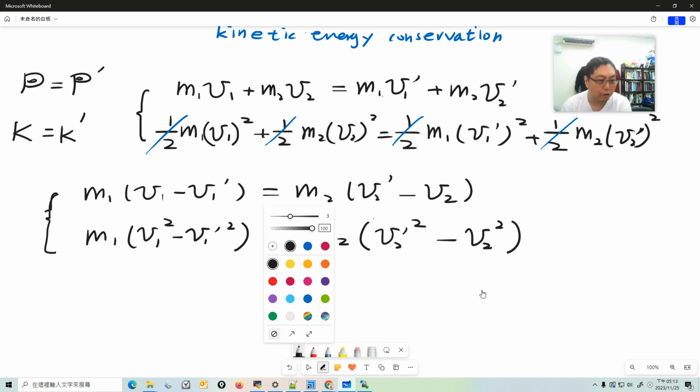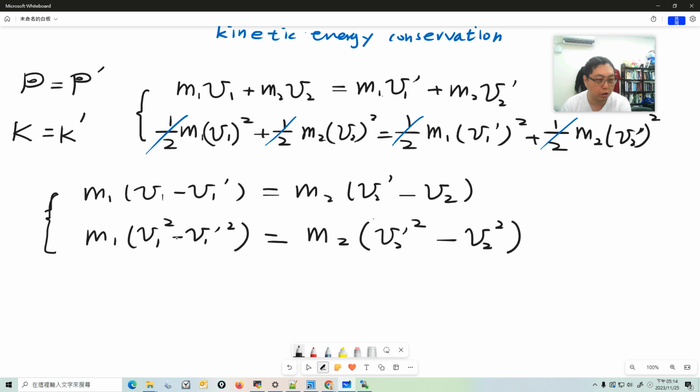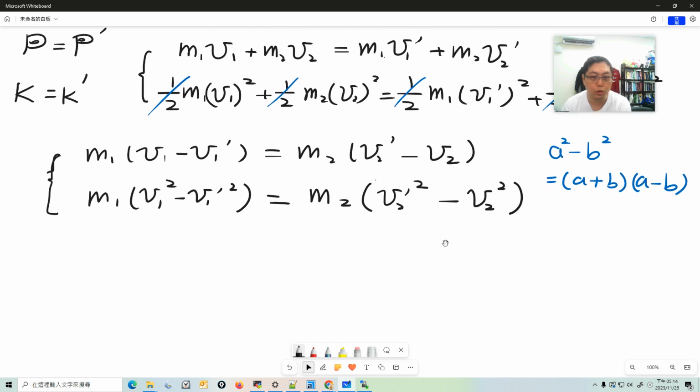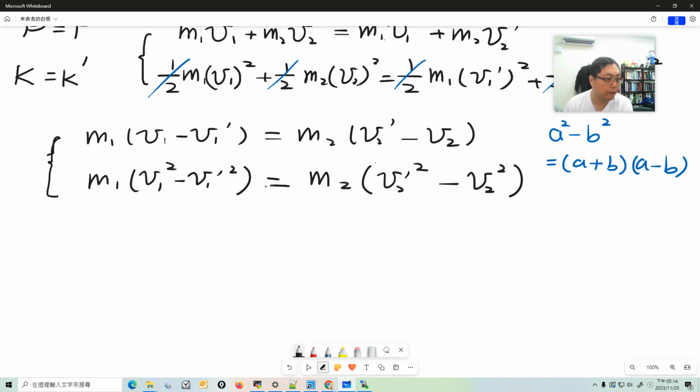Then we have the square difference here: v1 square minus v1 prime square, and v2 prime square minus v2 square. When you have A square minus B square, your mathematics teacher will tell you we get (A plus B) times (A minus B). So we'll use this square difference formula to do a little arrangement on the second equation.